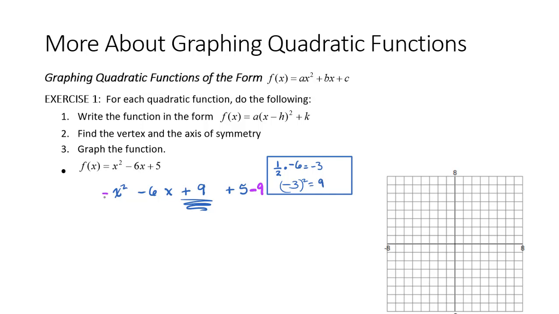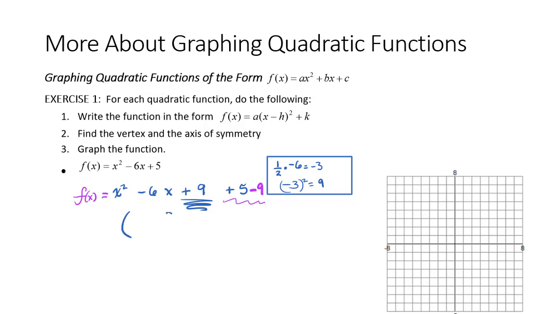So now my f of x is equal to x squared minus 6x plus 9, and then off on the side we have this plus 5 minus 9. We're going to just leave that alone for now and refactor the x squared minus 6x plus 9.